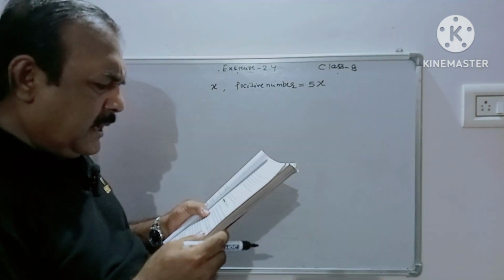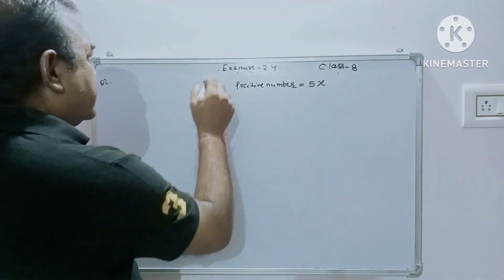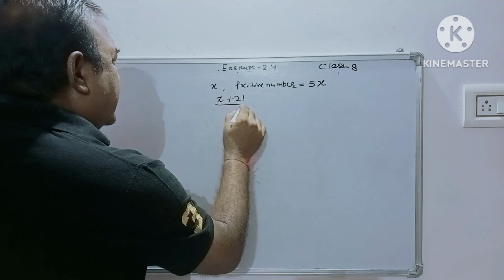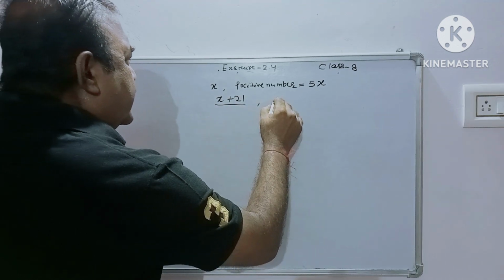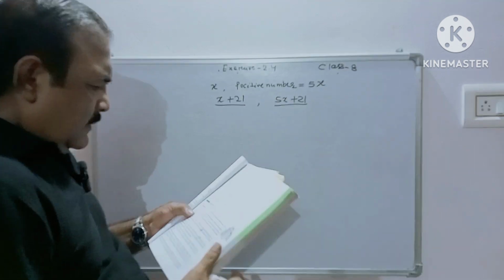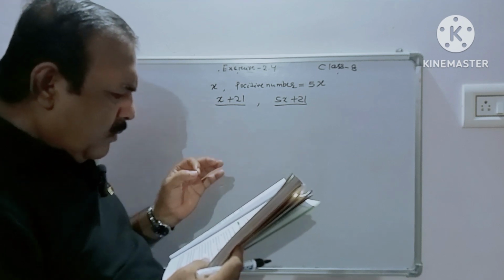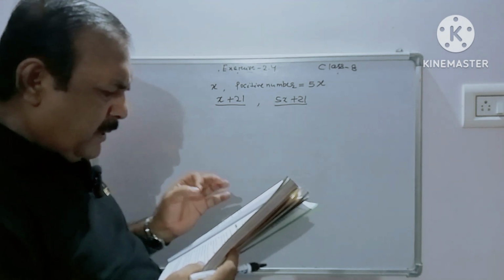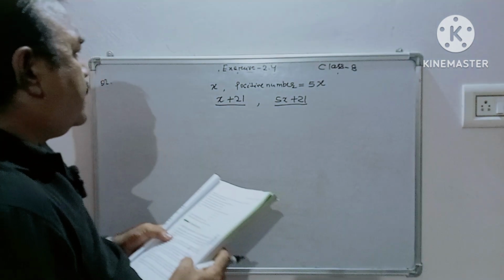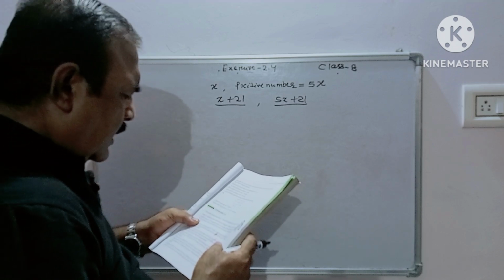If 21 is added to both the numbers, so if you add 21 to both, the first number which we have taken, x, will become x plus 21, and the next one is 5x plus 21. So after adding 21 to both the numbers, one of the new numbers becomes twice the other new number.